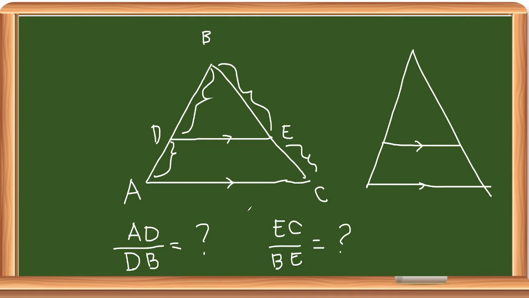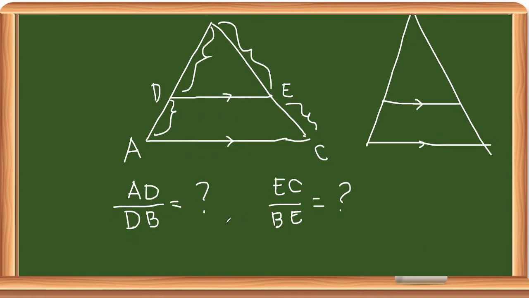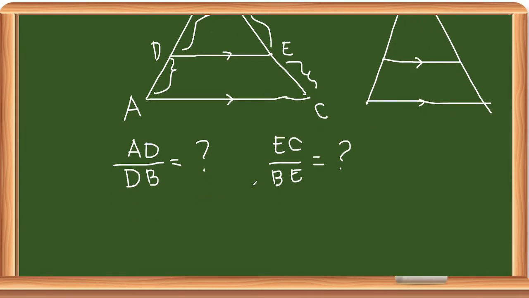Okay. From this, I want you to cross-multiply the result. Whatever the result is here, cross-multiply it here, and then tell me if you arrive at an equal amount on each side.